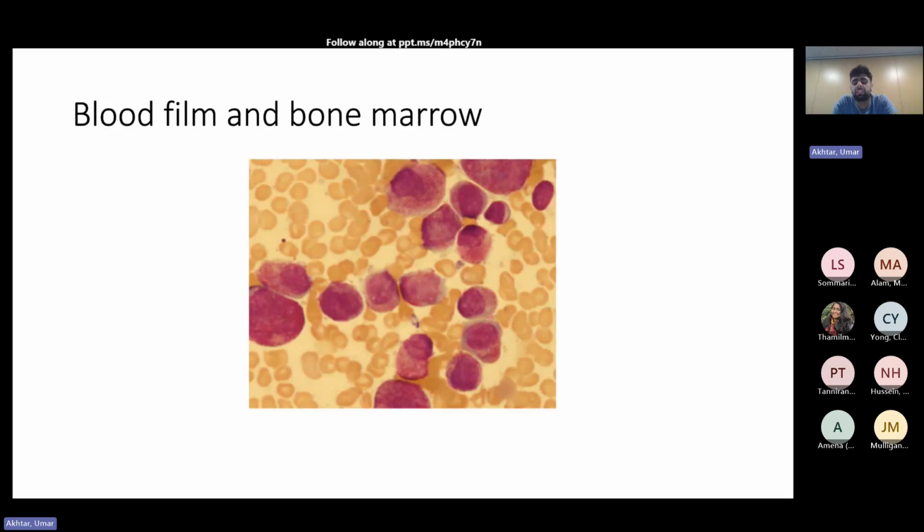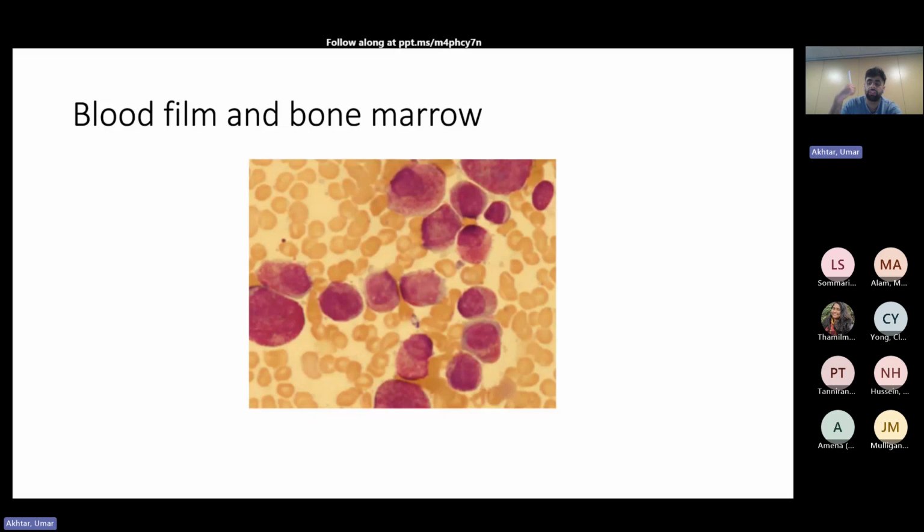They are what we consider blast cells. Blast cells you commonly see in leukemias, especially acute leukemias. These blast cells have a high nucleus to cytoplasm ratio. As you can see, the nucleus is taking up a large part of the cell, and that is making us think possible cancer, possible leukemia.